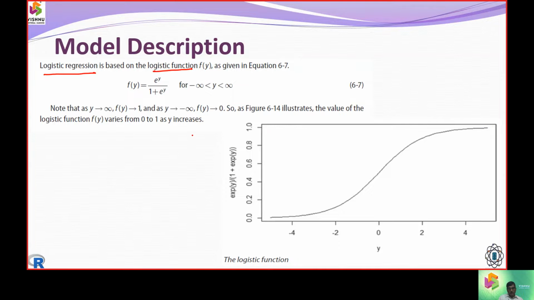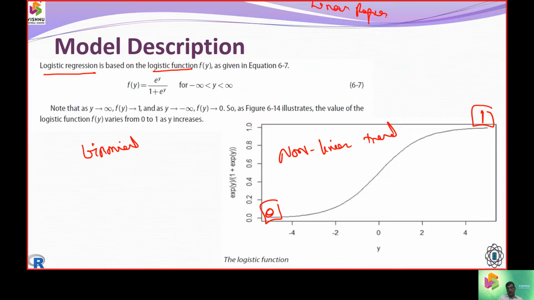So the logistic function will have a binomial way of relating the things, which will spread from 0 to 1. And you can say this is a non-linear trend. Whereas in linear regression, we say it is a straight line, and we say it is linear.